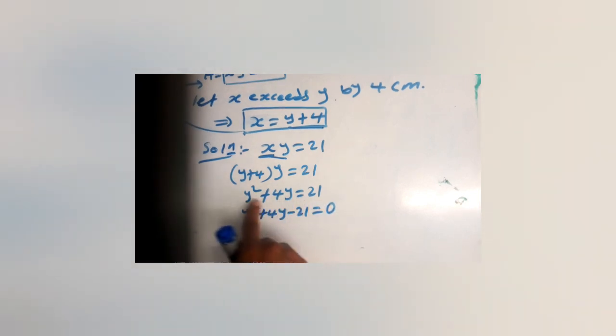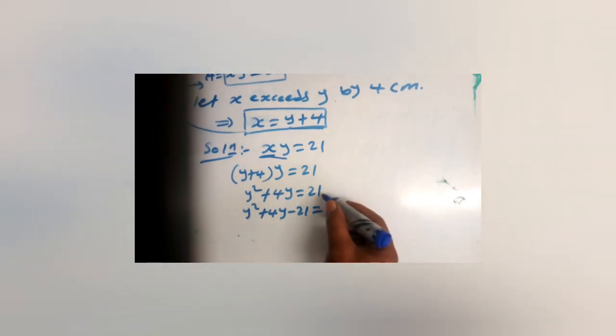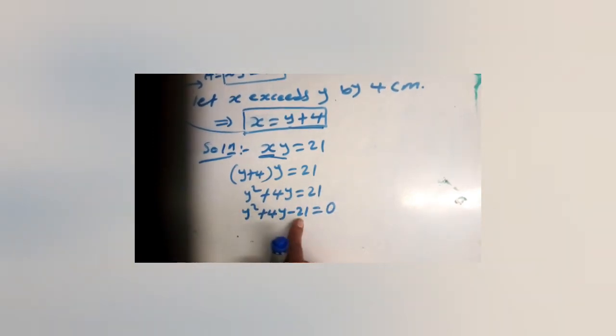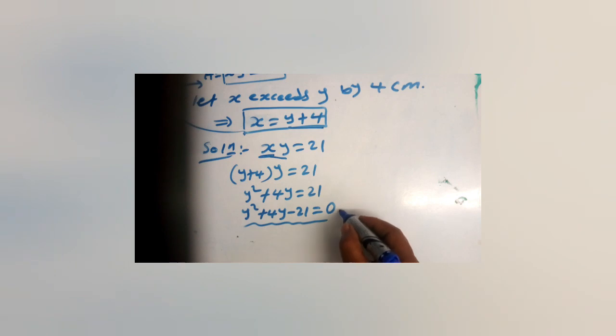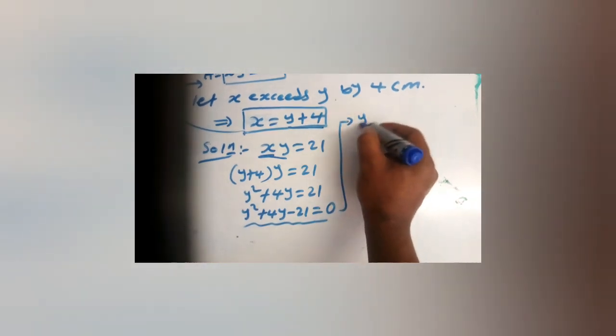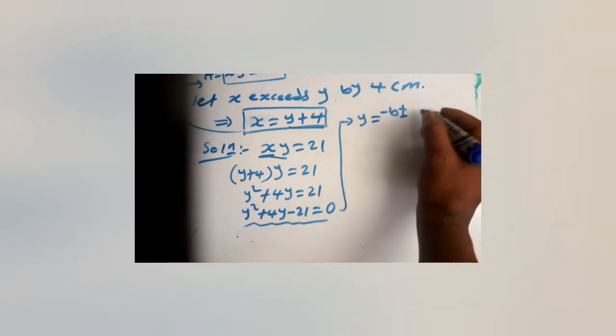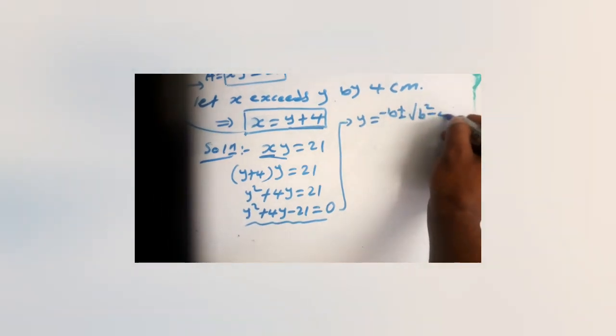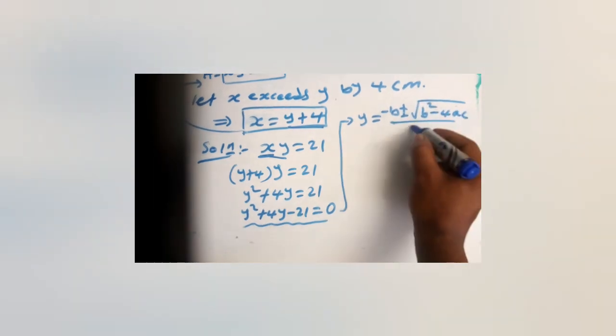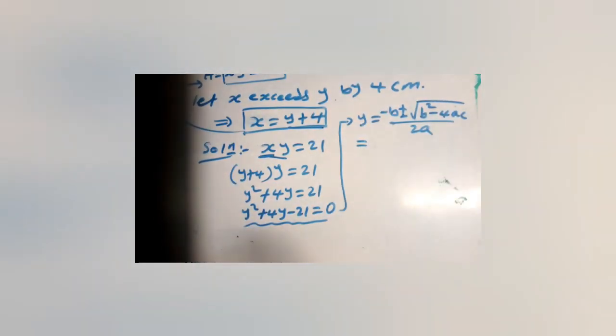We get this by subtracting 21 from both sides. Now we have a quadratic equation, and one option to solve it is by using the quadratic formula. Let us remember the quadratic formula: y is equal to minus b plus or minus the square root of b square minus 4ac, over 2a. የa፣ የb እና የc ዋጋ ከዚህ ኳድራቲክ ኢኩዌሽን ላይ እንወስዳለን.